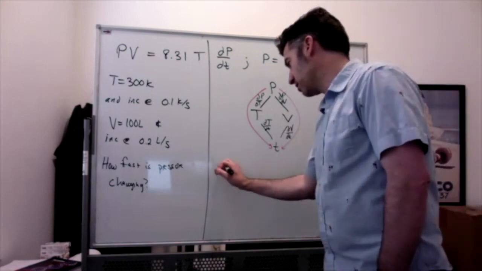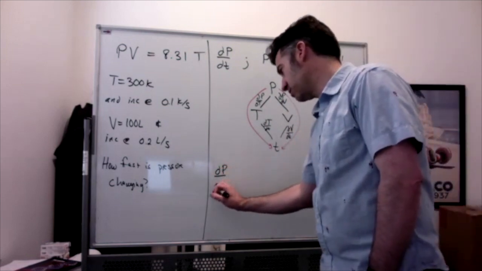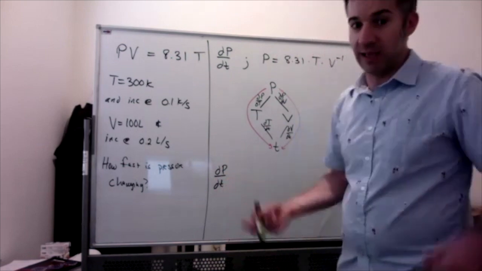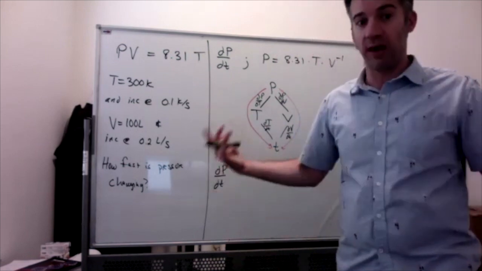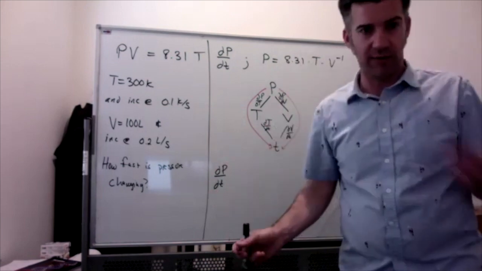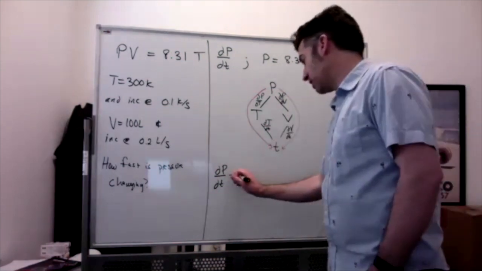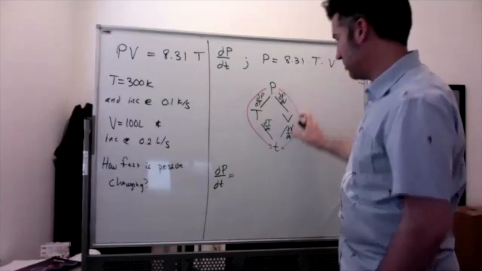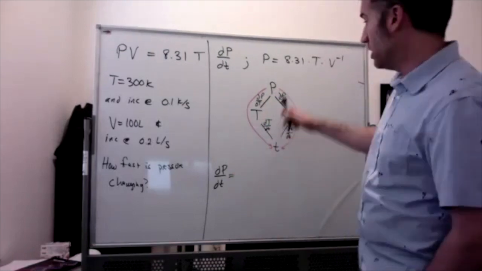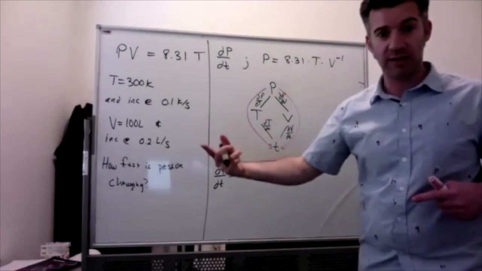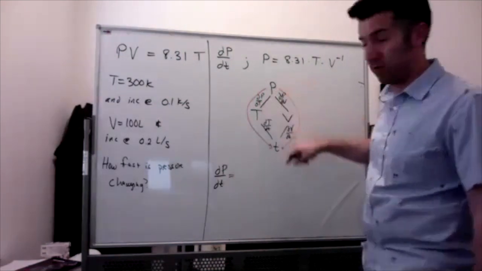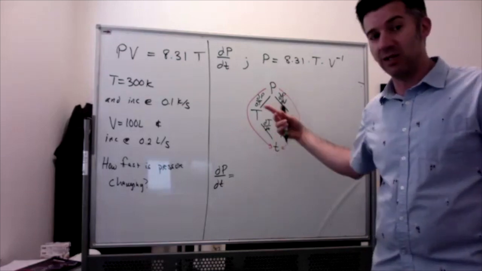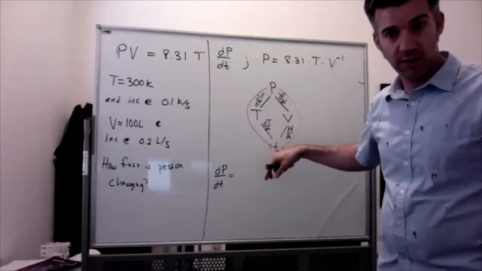So we get the derivative of P with respect to time, and it is a derivative, not a partial derivative, because P is a function of time and only that variable when you drill down to it. That's equal to this times this plus this times this. For each pathway, you multiply all the steps of your path together, and then you add up all the different pathways to get from P to t.